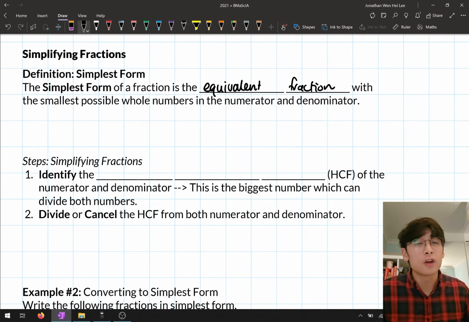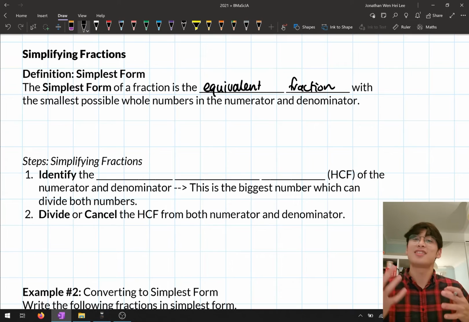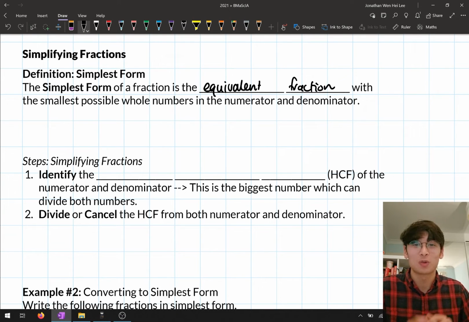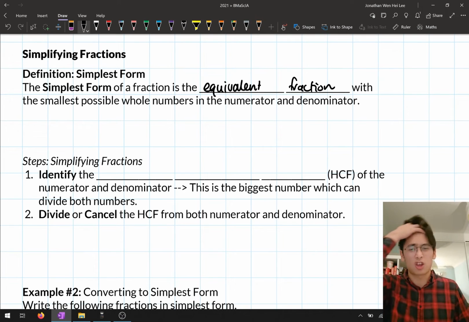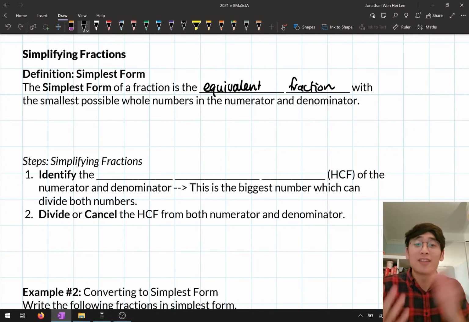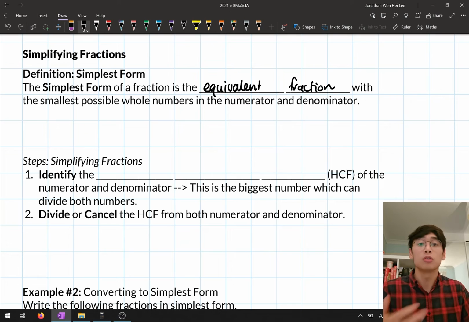So, hopefully you've noticed that we can actually create a whole bunch of equivalent fractions, and they all have the same value. When we simplify fractions, what we want to do is find the smallest possible way to write our fraction. We don't want to write 100 over 200. That's actually really annoying to write. What we want to do is find the simplest way of writing that. So we just go to 1 over 2, for example.